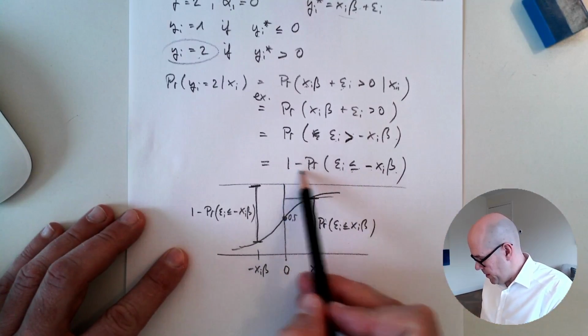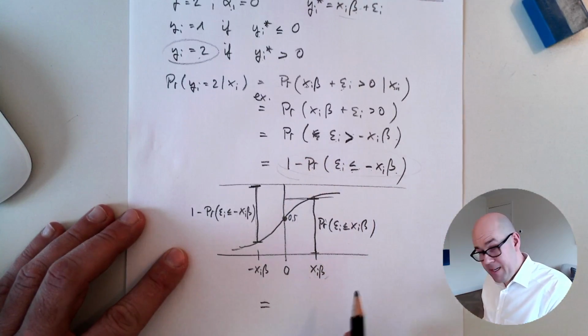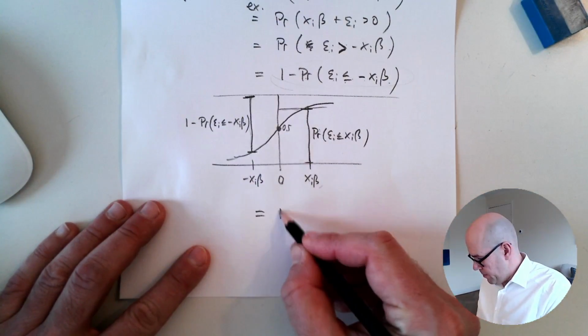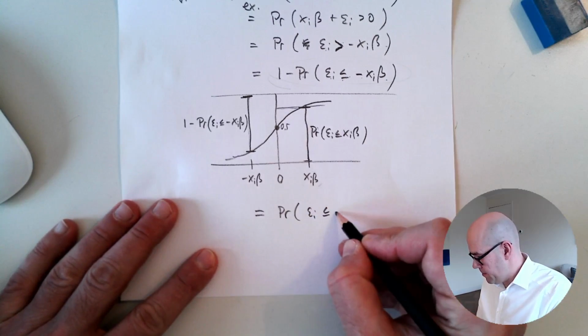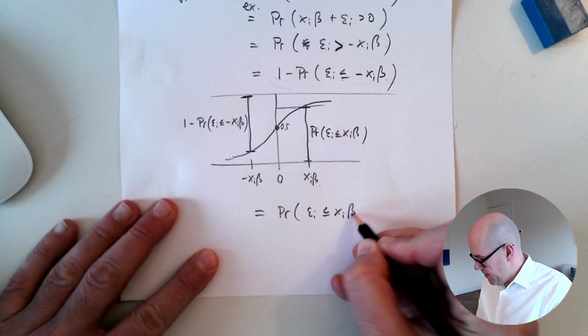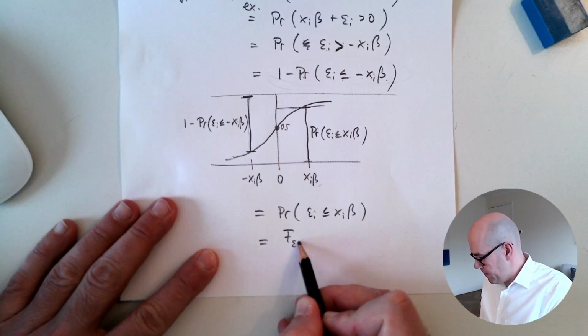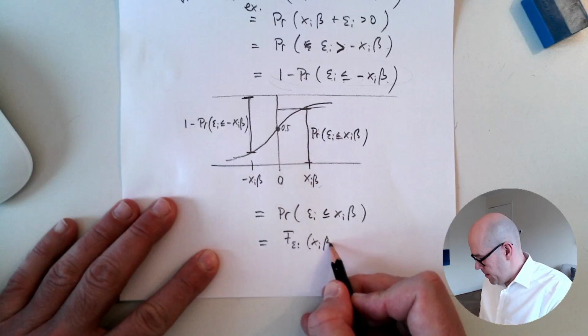So for that reason, this quantity is going to be equal to the probability that epsilon I is less than or equal to xi beta. And by definition, this is the CDF of epsilon I evaluated at xi beta.